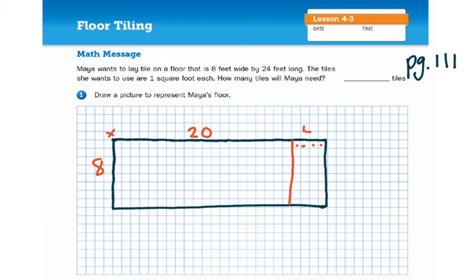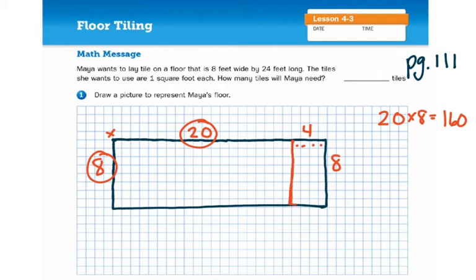And then I just have 4 and 8 here. If I take this many tiles times this many, 20 times 8 is just an extended fact, which we worked on in lesson 4.1. That would be 160.